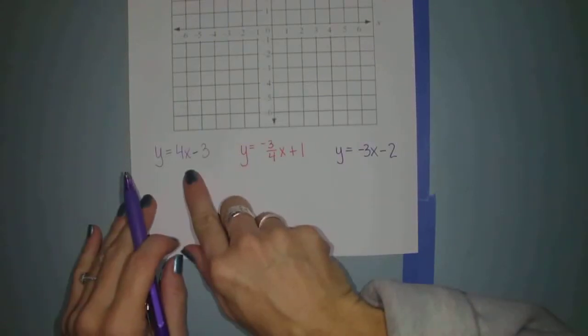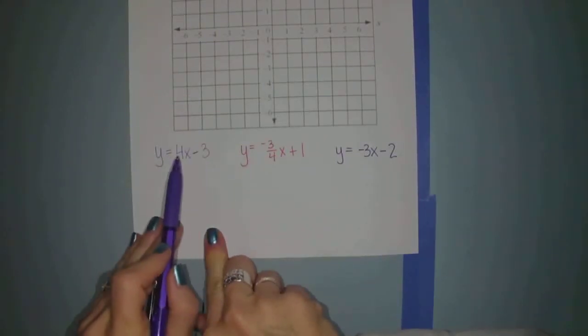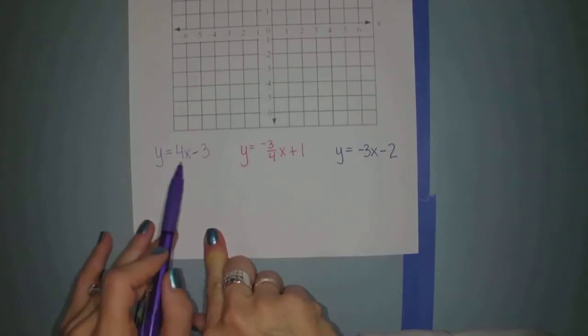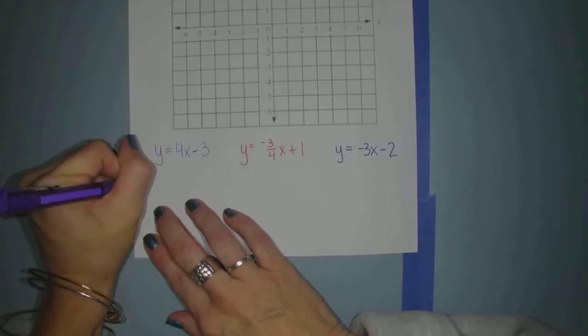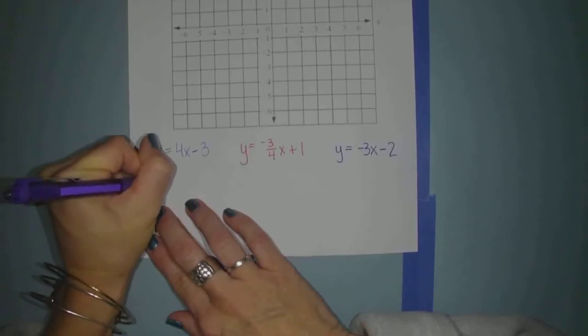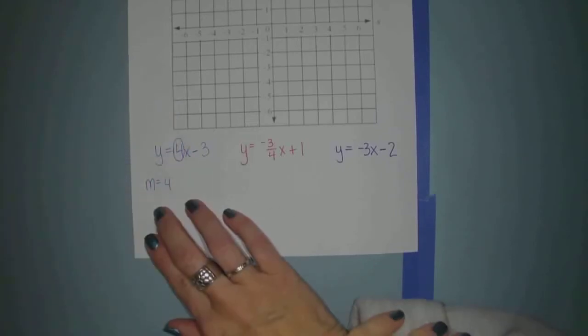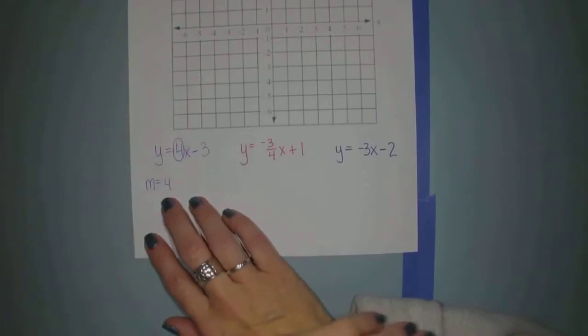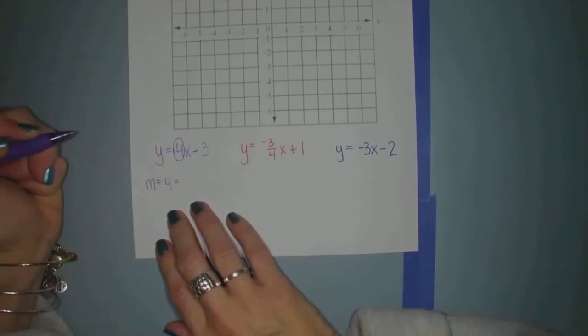Okay, so let's look at the purple line. y equals mx plus b. So let's identify our m and then our b. I can see that my m is 4. That's this guy right here, mx. Now, for graphing purposes, what a lot of people like to do is put that as a rise over run.